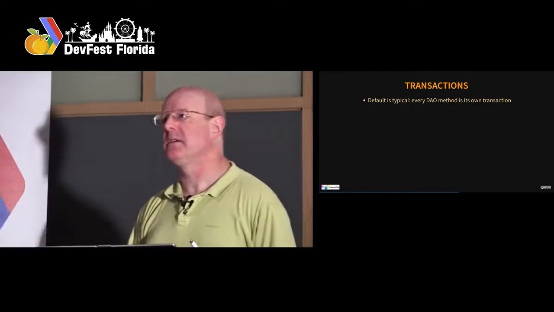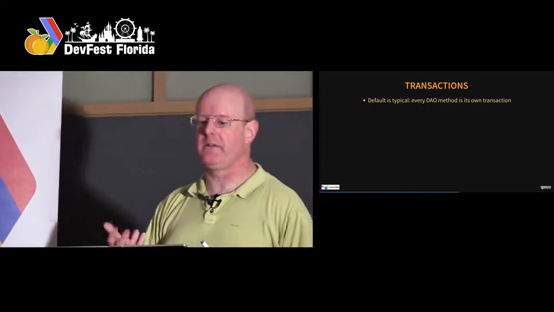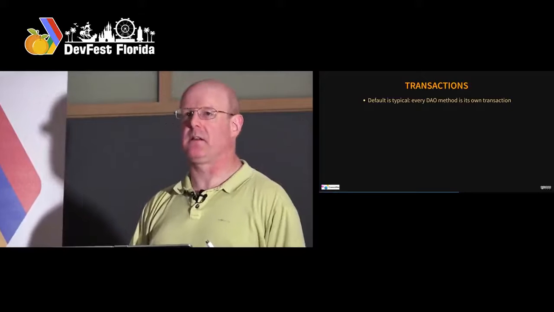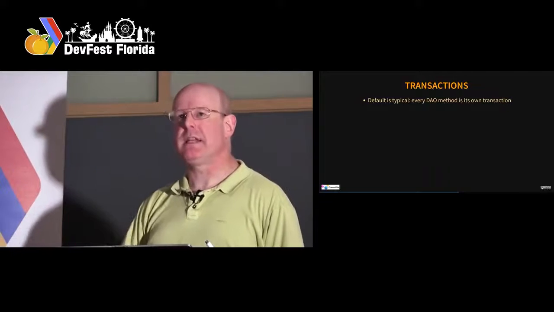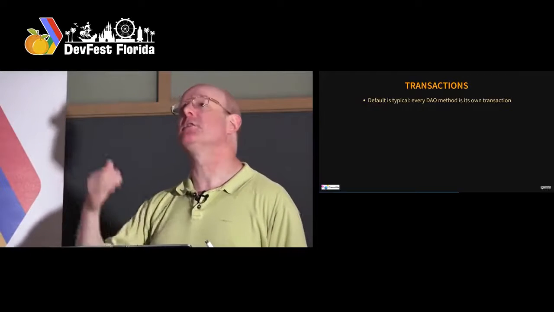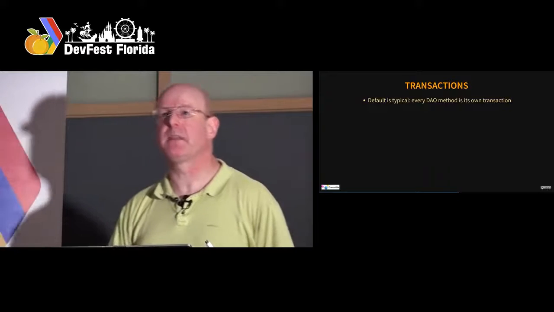As you might expect, the default transactions are individual DAO methods because they map to individual SQL statements by and large. And so for your inserts, your updates, your deletes, and for most standard query methods, the individual SQL statement is going to be its own transaction, and if it's a one-to-one mapping, that means the DAO methods are their own transaction.